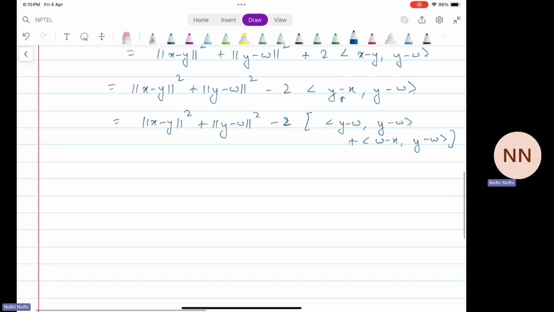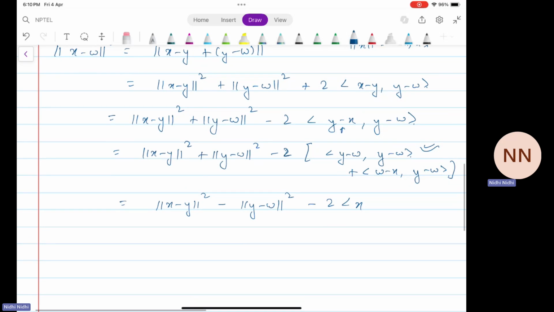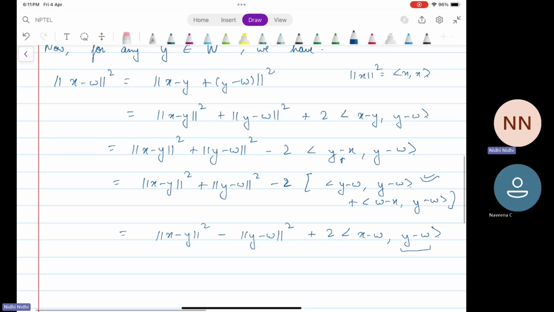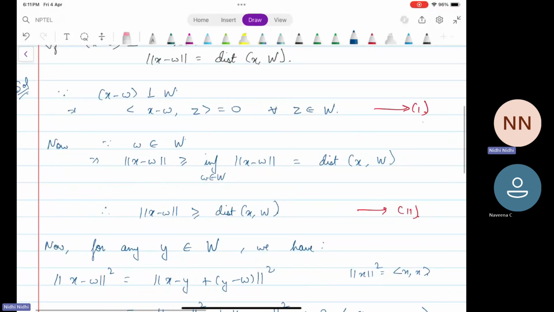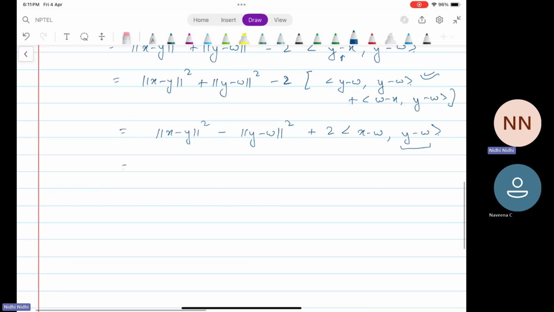This gives us minus norm y minus w square minus 2 times the inner product, or if I write it with a plus, x minus w, y minus w. Now, since y and w both are elements of the subspace W, their difference also belongs to W, and hence by equation 1, this is equal to 0. So this is equal to norm x minus y square minus norm y minus w square.